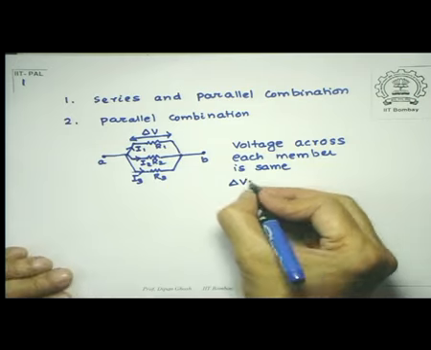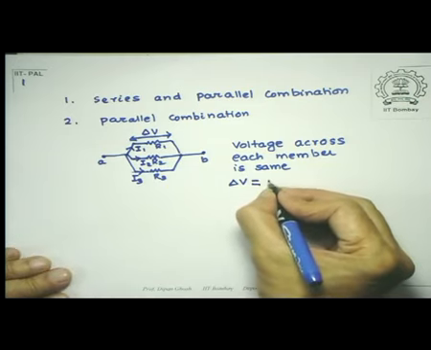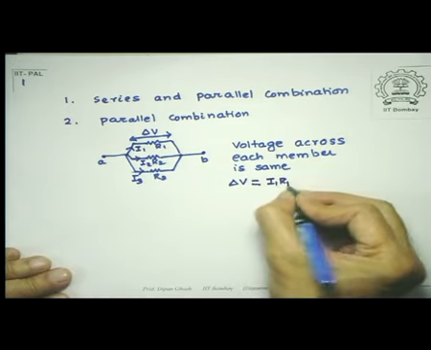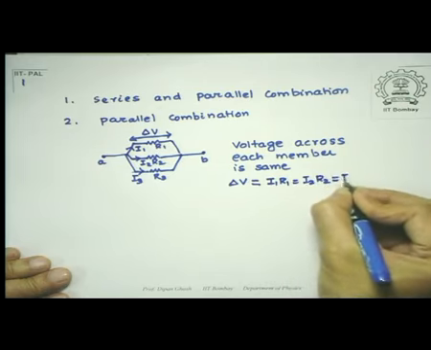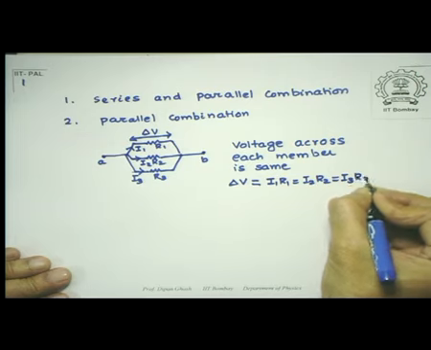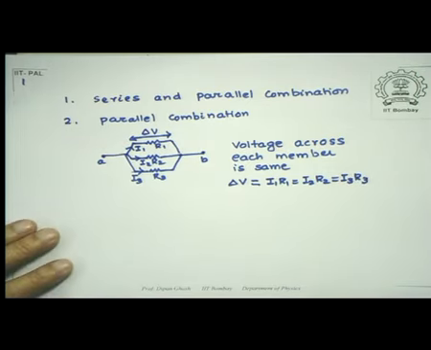So expressions for delta V are either I1 R1 or I2 R2 or I3 R3. They are the same. So when you look at a combination, the way to recognize whether it's a parallel combination or not is to check whether the voltage drop across various members are the same.